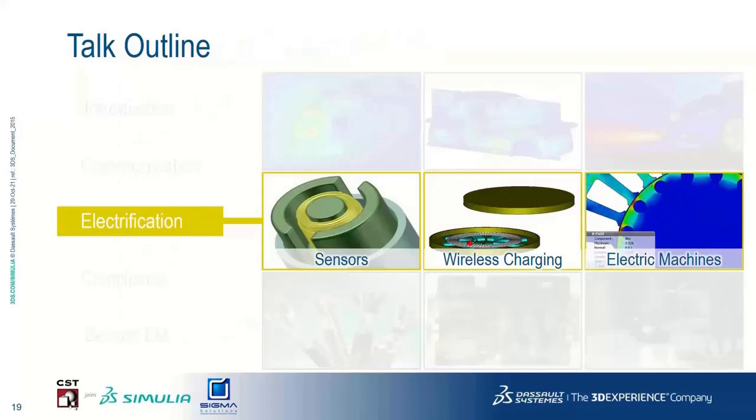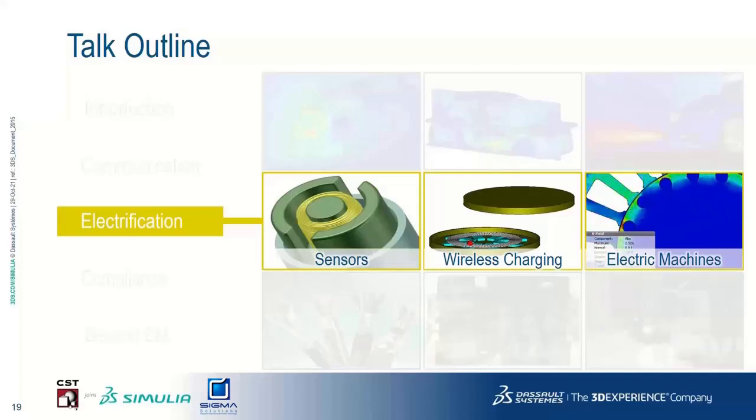Okay, so this was the first topic. Next up, we would be looking at a couple of other things. For example, sensors. We have wireless charging systems and motors. And at the end, when we're going to look at the compliance applications, you'll probably see how those things are going to be related.